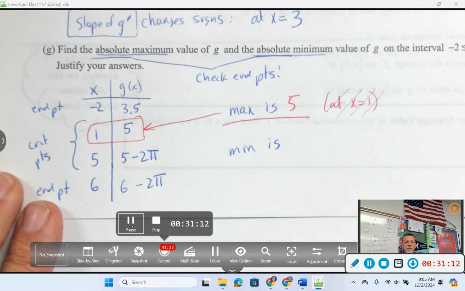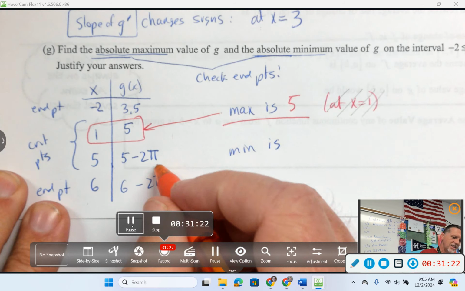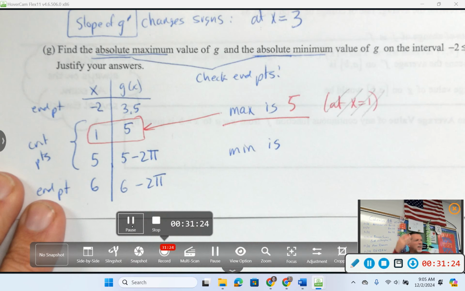The minimum, which one of those is the smallest value? Isn't pi just like basically 3? Pi is 3-ish, for our purposes.